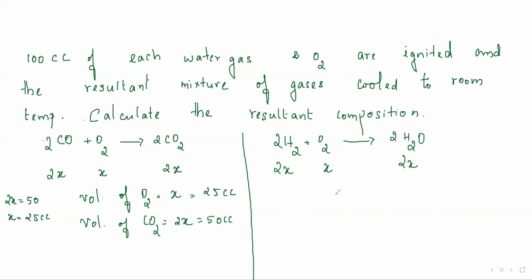Coming to the right hand side, 2x is equal to 50 even here and x is 25. Therefore, volume of oxygen used is x, that is 25 cc.